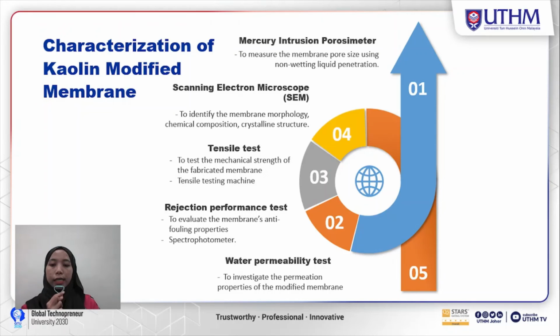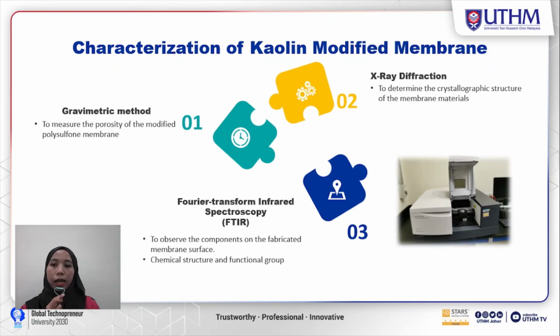The fourth one is the rejection performance test to evaluate the membrane's anti-fouling properties using the spectrophotometer. The fifth one is the water permeability test. It is to investigate the permeation properties of the modified membrane. Then we will also use the gravimetric method, which is to measure the porosity of the modified polysulfone membrane.